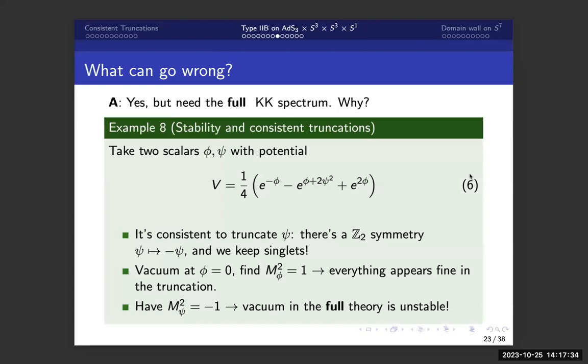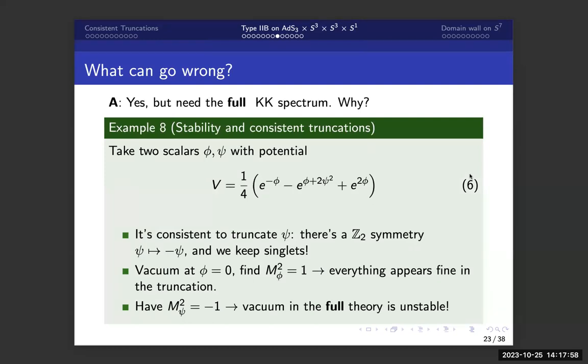So this leads directly to the question. Basically, in order to study any of this, you need to understand the full spectrum. The reason you need the full spectrum is that things can look good in 3 dimensions, but they can go wrong once you look at fluctuations in 10D.